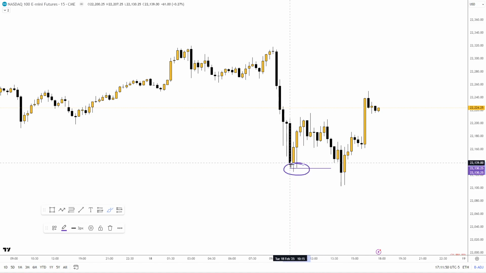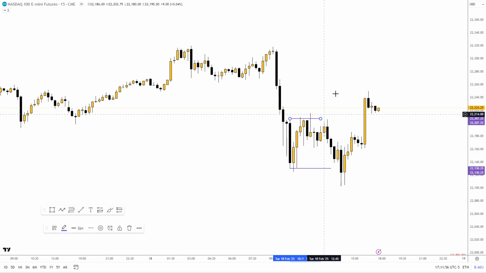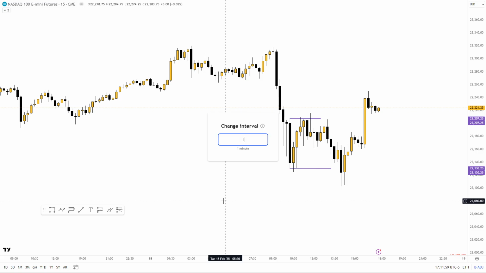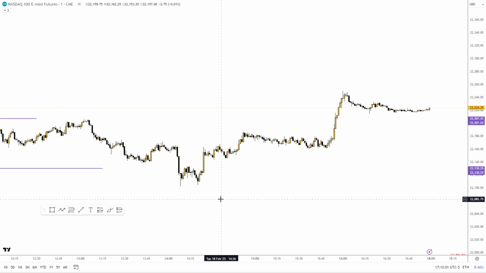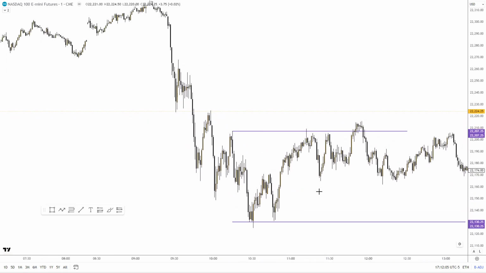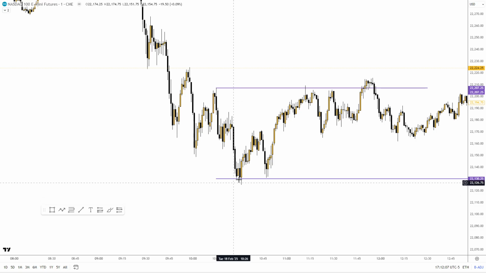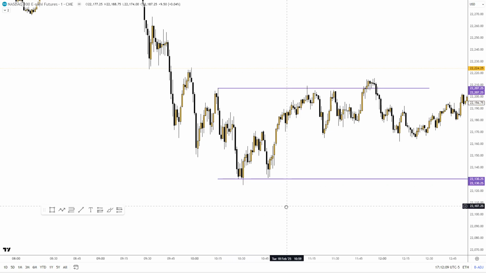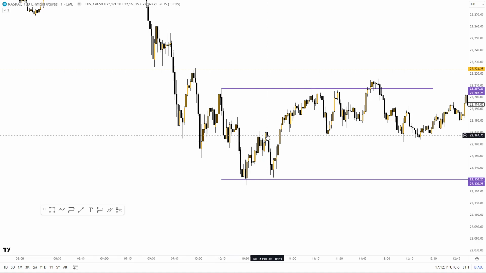You've got your 15-minute sweep, and you're targeting the 15-minute high. That's a model. So now what you're looking at is, here's your 15-minute sweep. That's pretty beautiful. What's the follow through like?